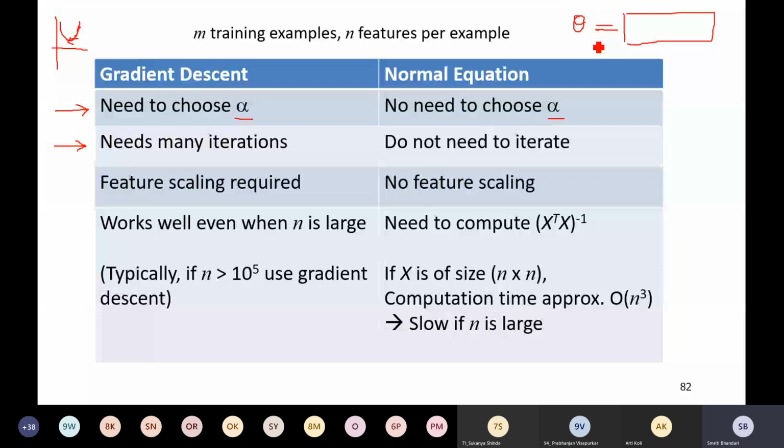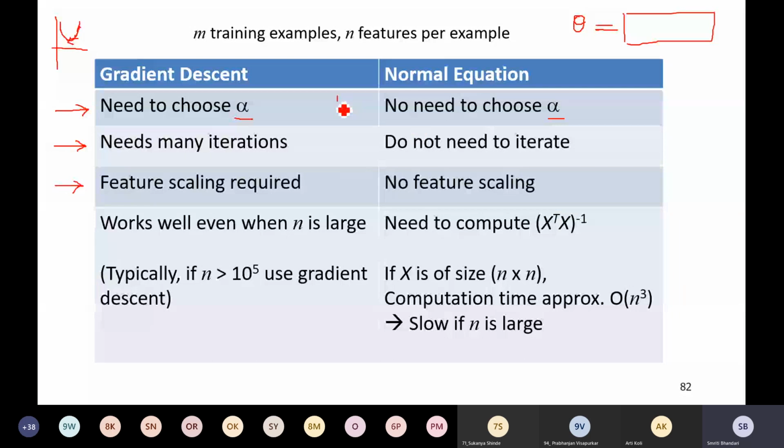Now, in gradient descent, as we have seen already, depending on the values of the features, we may need to apply feature scaling if required. So in gradient descent, feature scaling is required. But if we look at normal equation, no feature scaling is required. There are pros and cons for both these methods.